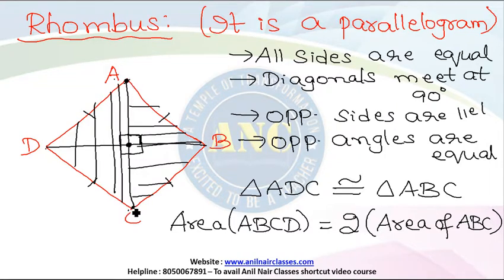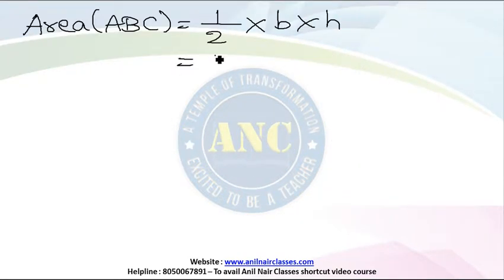AC is the base. What is the height? If I name this point as point E, this is my height, right? BE is my height. That means half into base, which is AC, and height, which is BE.